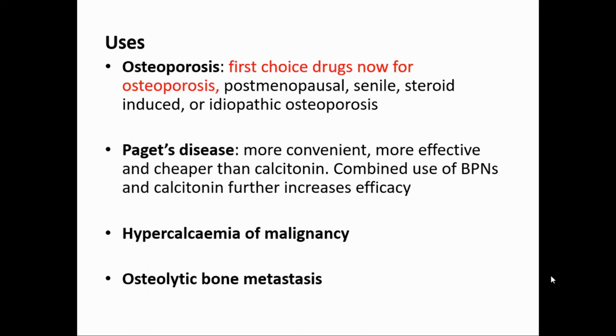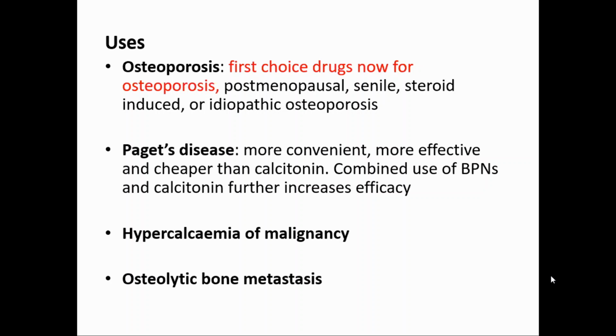If you remember, steroids have a major adverse effect of causing osteoporosis. And if the cause of osteoporosis is not known, it is also the first choice drug for idiopathic osteoporosis. Similarly, they are the drug of choice in the treatment of Paget's disease.